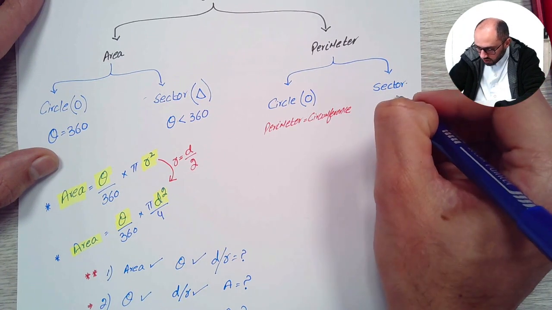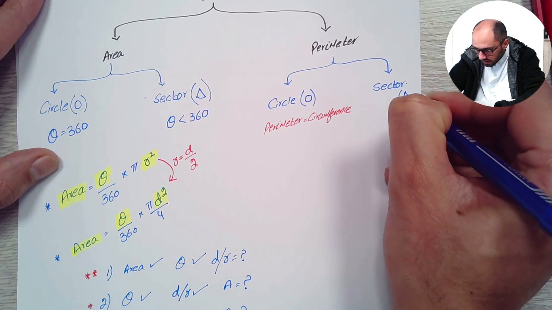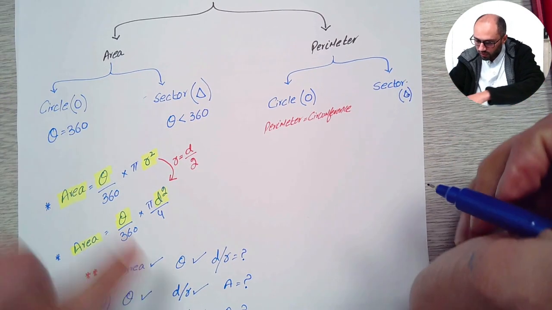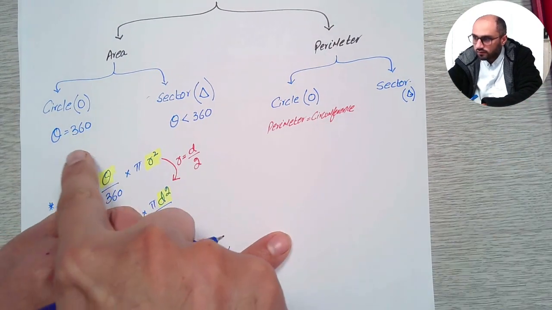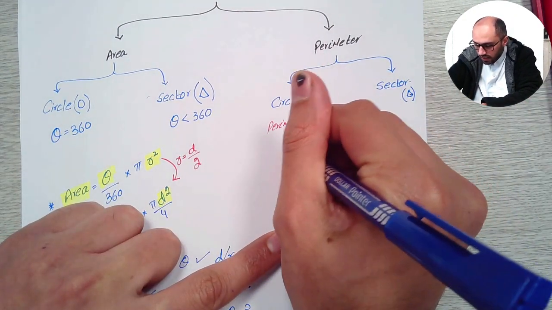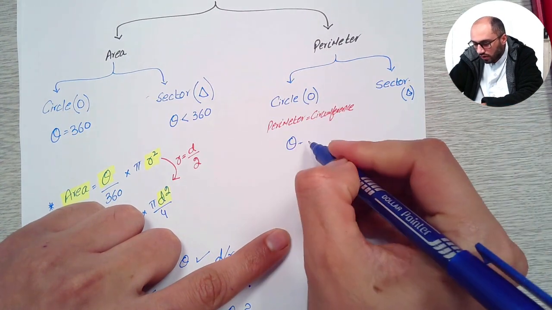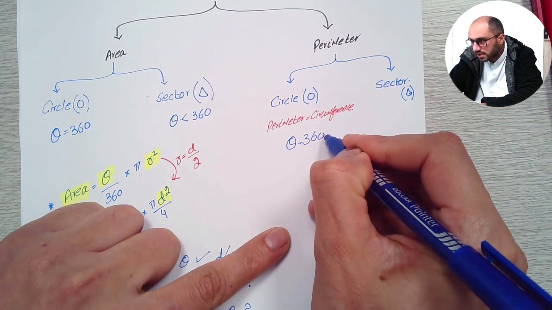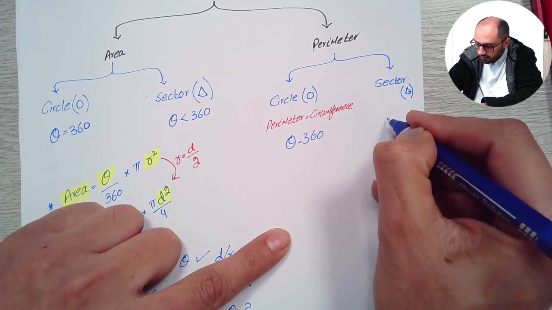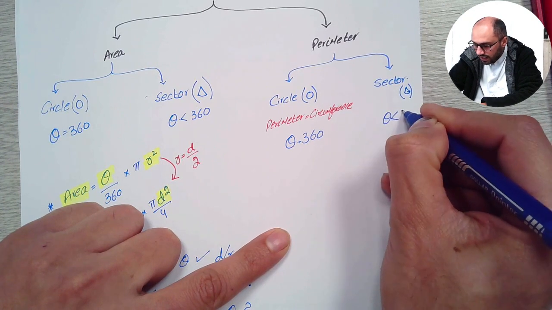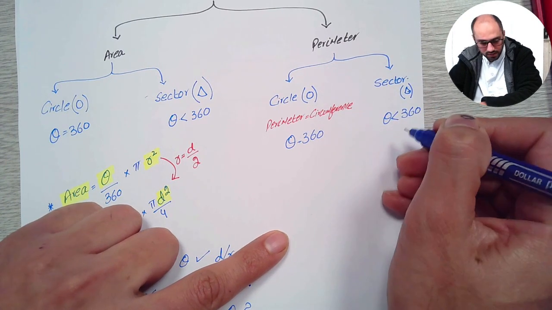So I can draw the shape for the sector. It will be a shape like this. Remind yourself once again, for a complete circle, the angle will have a value of 360, whereas for a sector, the value of angle will be less than 360.